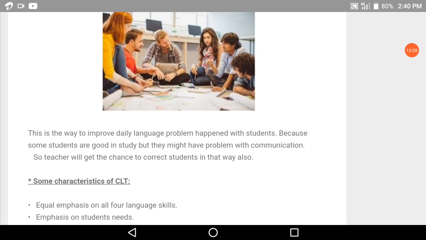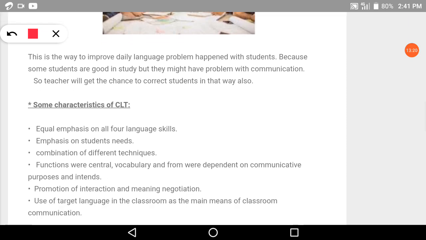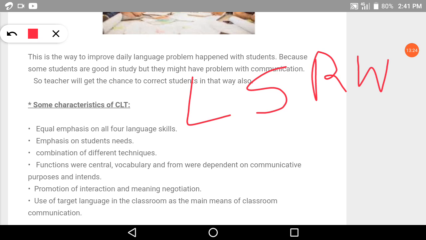Some characteristics of CLT: equal emphasis on all four language skills. Our four language skills are L, S, R, W, which means the student will first listen to what the other participants are going to say. Then he tries to speak.